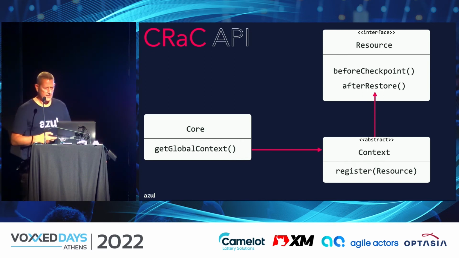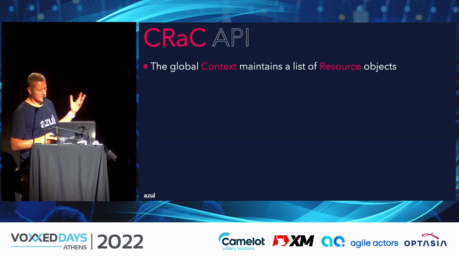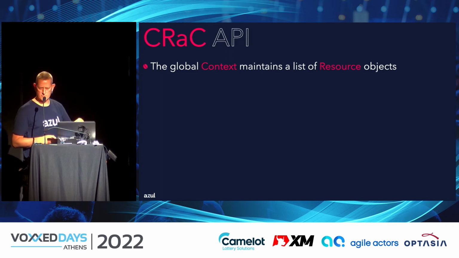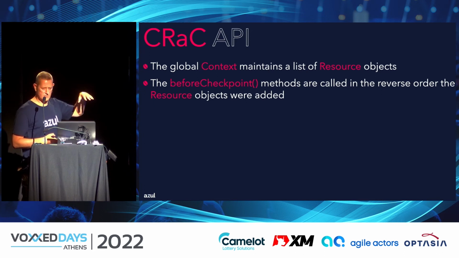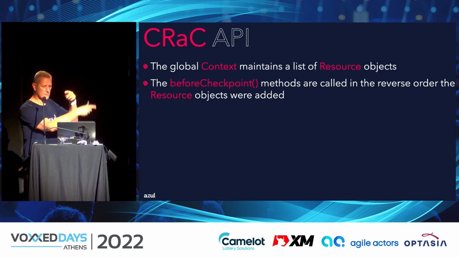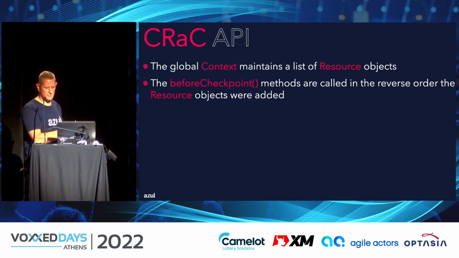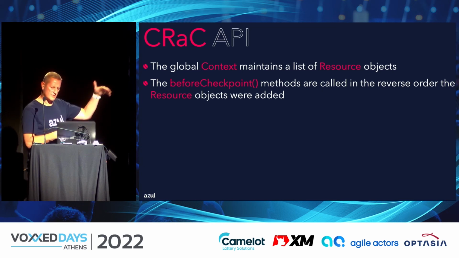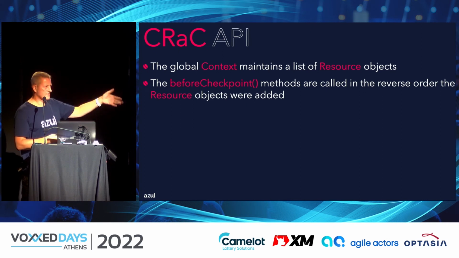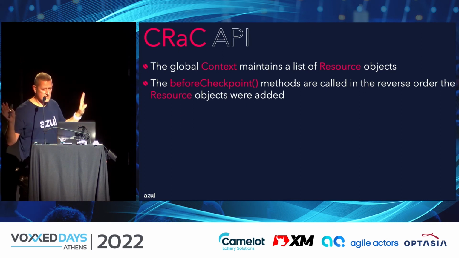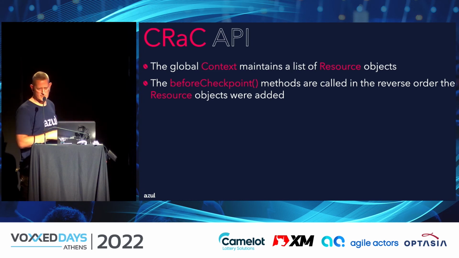Pretty simple. And then what happens is that the context maintains a list of all the resources. And once you have a checkpoint, all the beforeCheckpoint methods will be called, but they will be called in the reverse order you registered them. And that makes sense, because if you have, for example, resources that rely on each other, let's say you have the database connection first. The next resource, for whatever reason, needs the database connection.